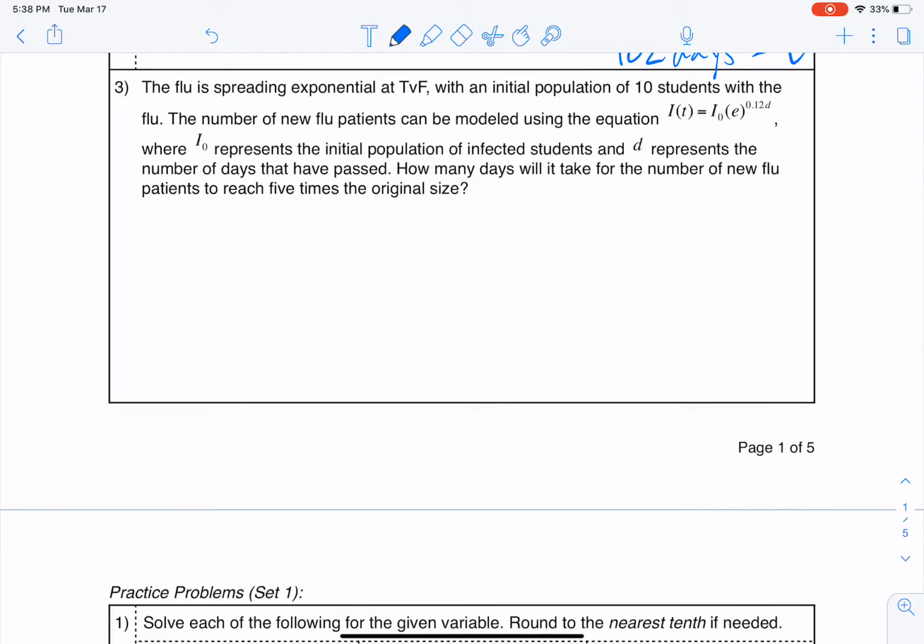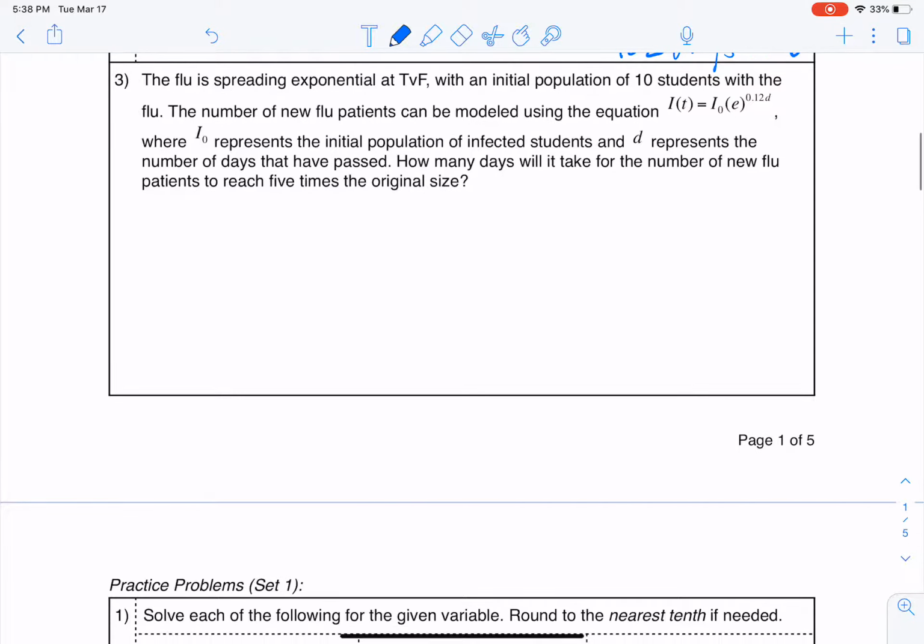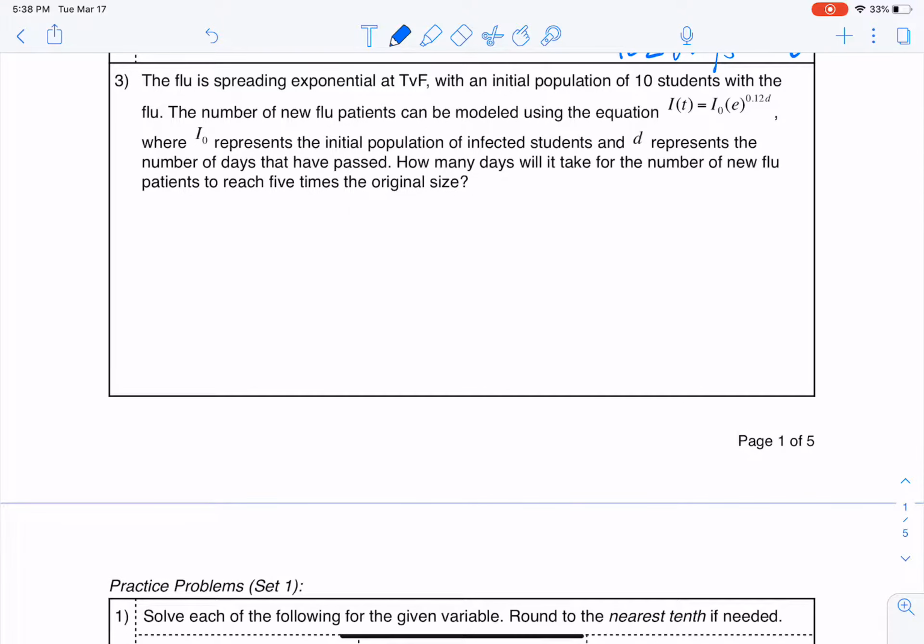Okay, so the next question and last question to do now is another word problem that we're going to have to interpret. Sorry for the sort of sickness that's part of these do now problems. Just has to do with exponential growth, really. So the flu is spreading exponentially with an initial population of 10 students. So that's how many students start with the flu.